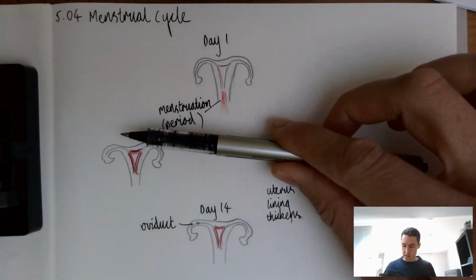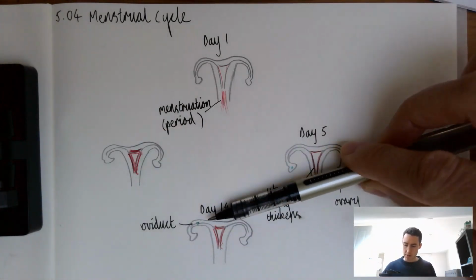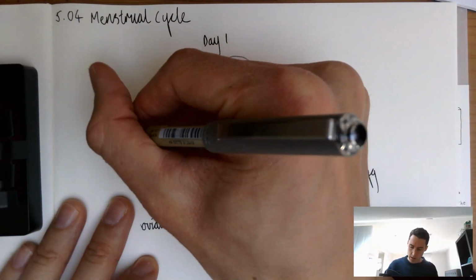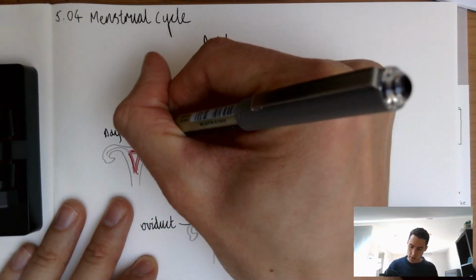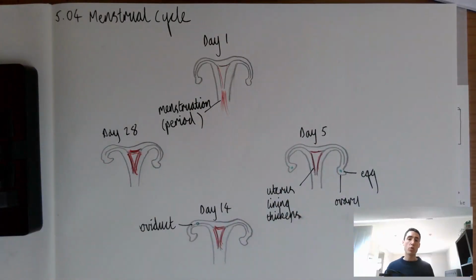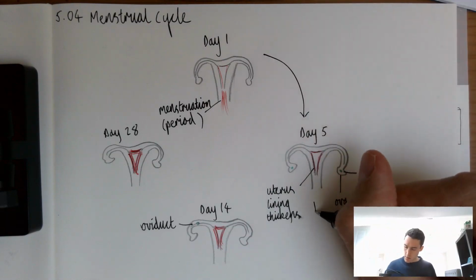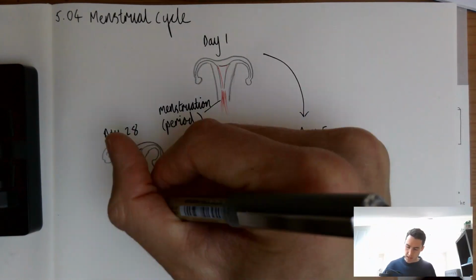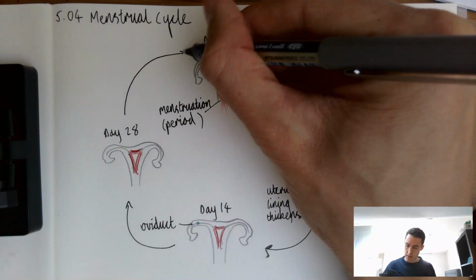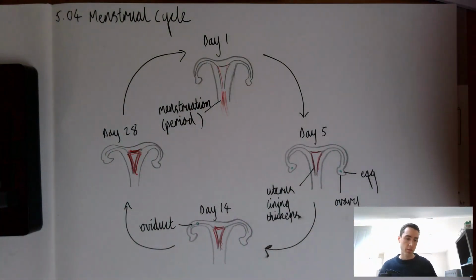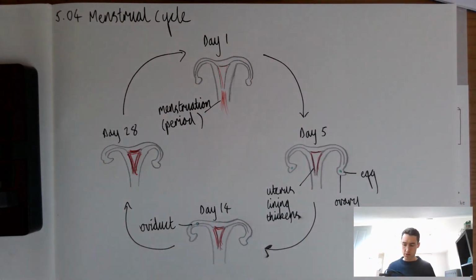And then this is ongoing between day 14 and day 1, but we can call this, for the purposes of argument, day 28. Essentially what we want students to see is that this just repeats every month, and we're not going to talk about the menopause today, but for a long period of a female's life, this just goes on and on until fertilization occurs.